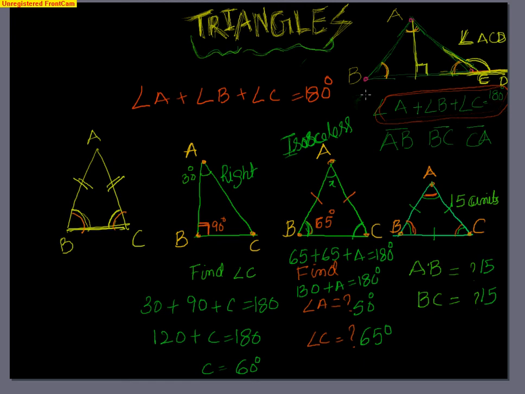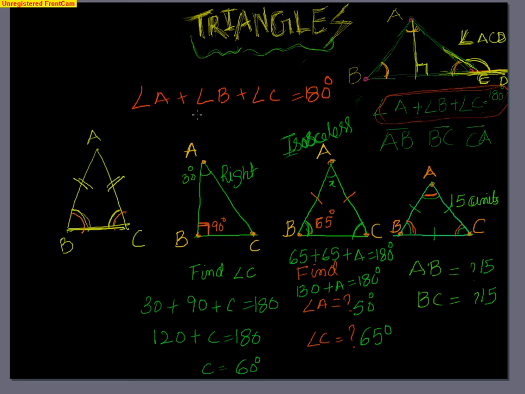Types of triangles according to length: if three sides are not equal to each other, it's a scalene triangle. Two sides equal, then it is isosceles. Three sides equal, then it is equilateral. And if all the angles of a triangle are less than 90 degrees, it's an acute triangle. If one angle is 90 degrees, it's a right angle triangle.